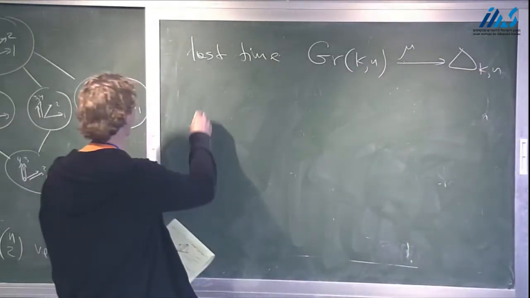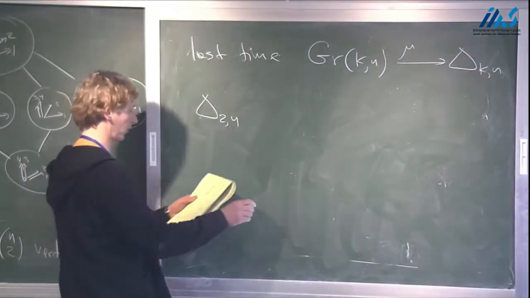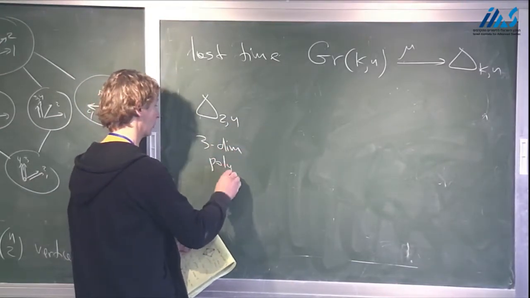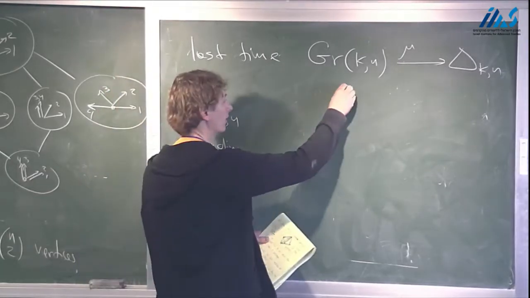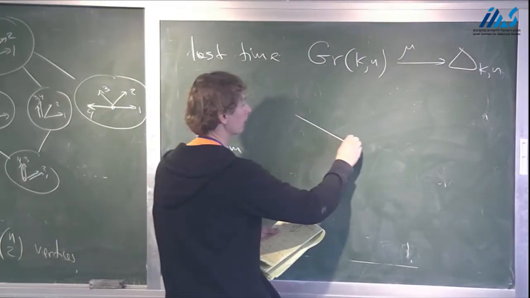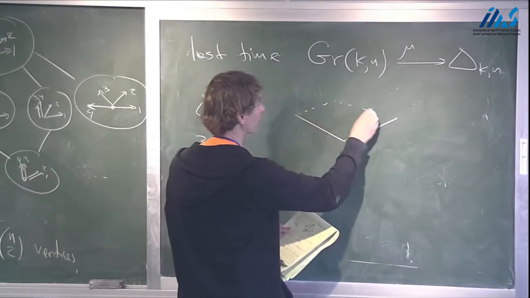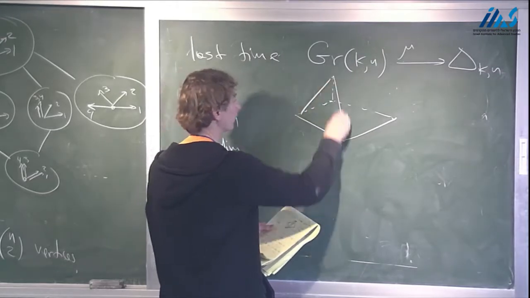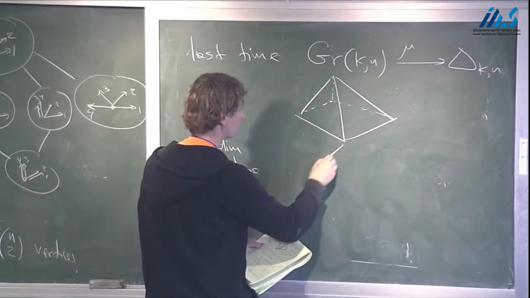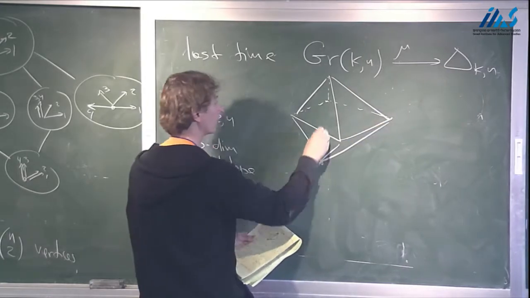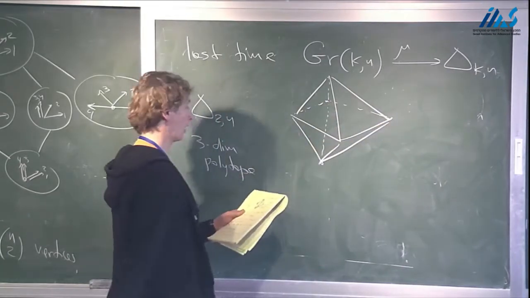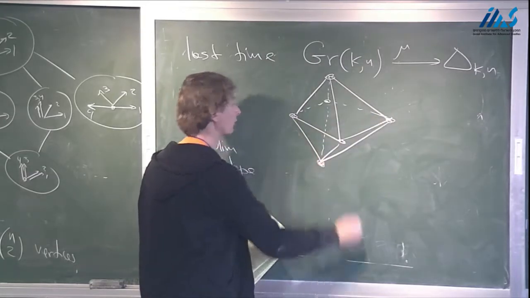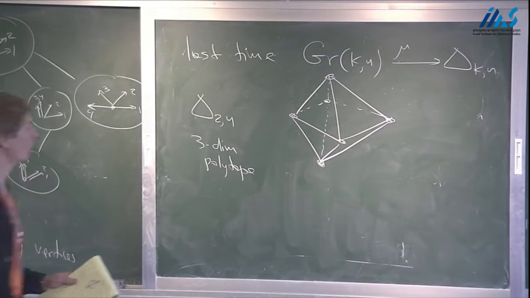And in particular, for this case, the hypersimplex is a three-dimensional polytope. It's this octahedron. So that's the octahedron, that's the hypersimplex.